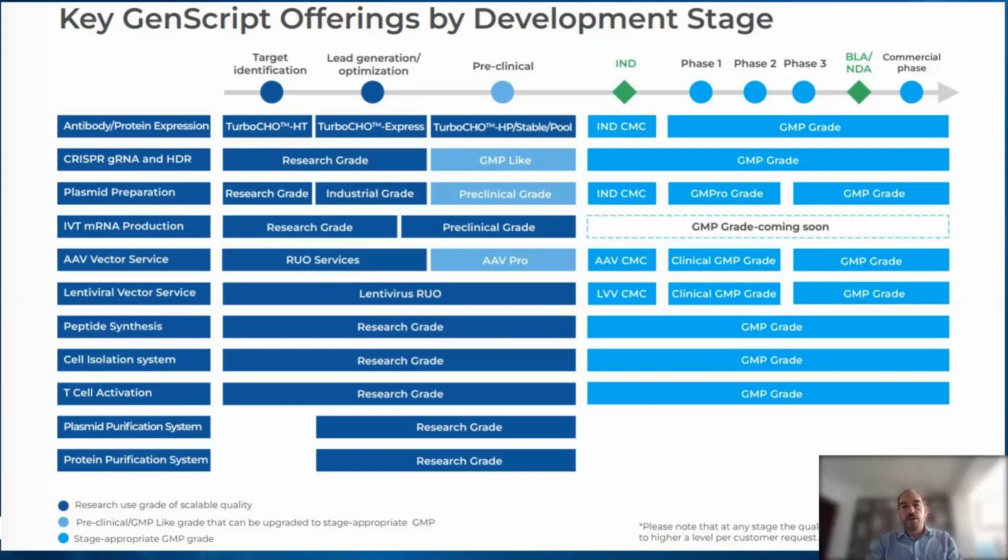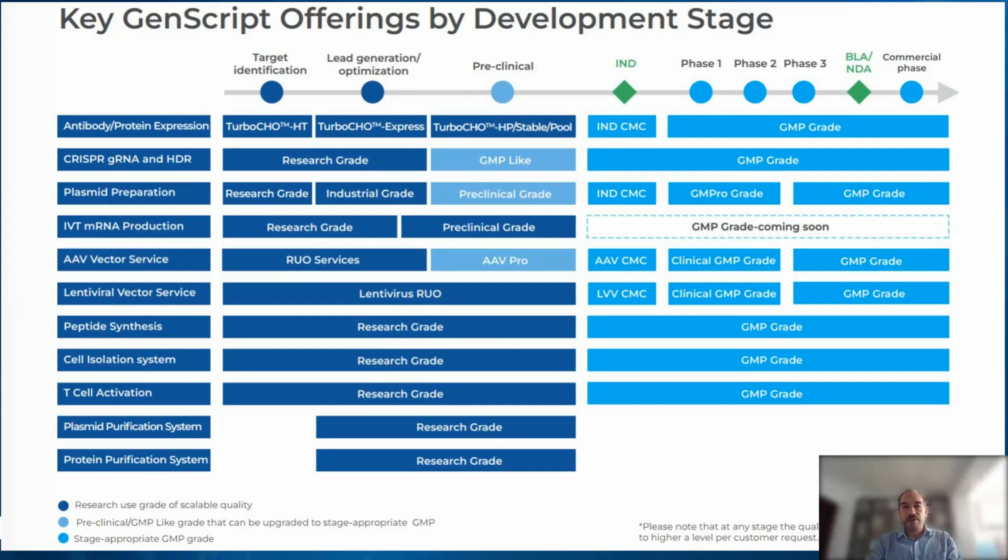CRISPR, sgRNA, and HDR templates are also available from research grade to preclinical and clinical. Plasmid preparation is available from research grade to preclinical and clinical. For IVT mRNA, we're still developing our GMP manufacturing capabilities, but we can support research grade and preclinical grade.